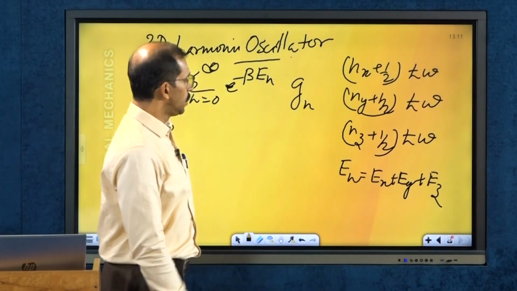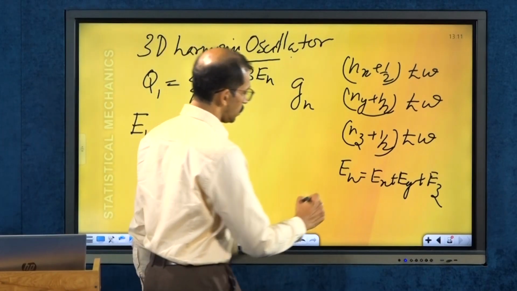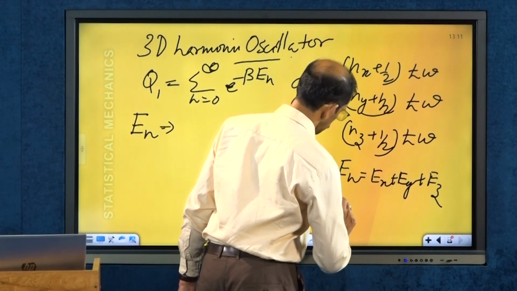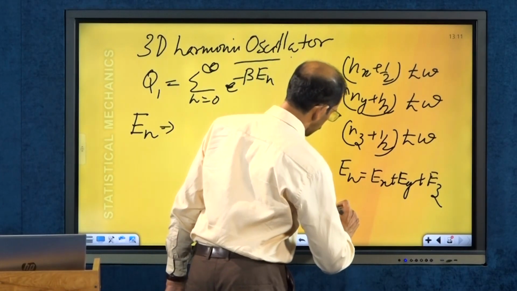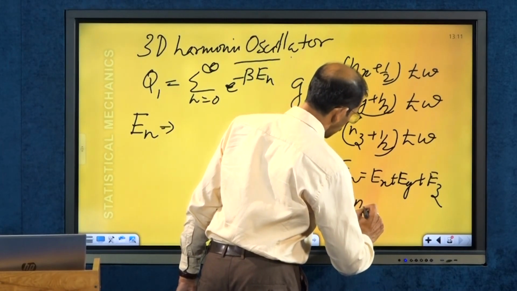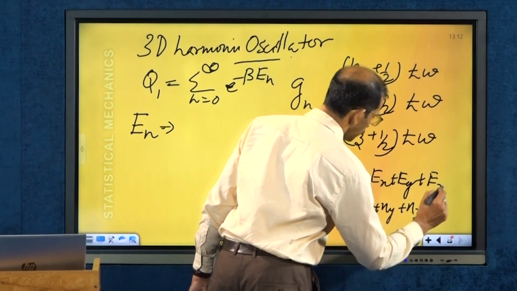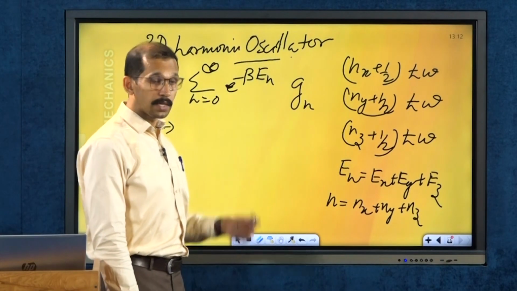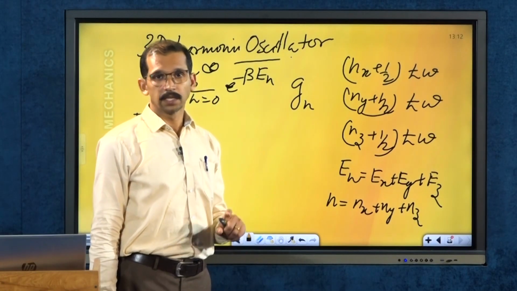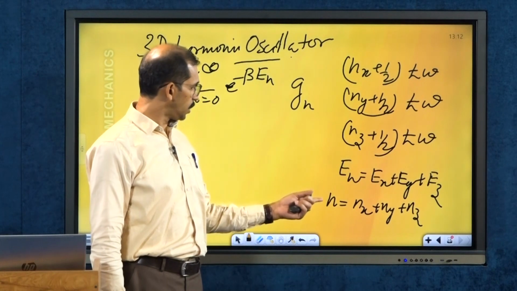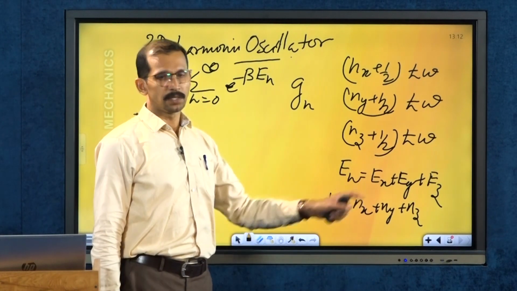And if I add all of them together, I can write n is equal to Nx plus Ny plus Nz. Like I told last time, Nx, Ny, Nz all are integers, and therefore I can consider another integer n as Nx plus Ny plus Nz.